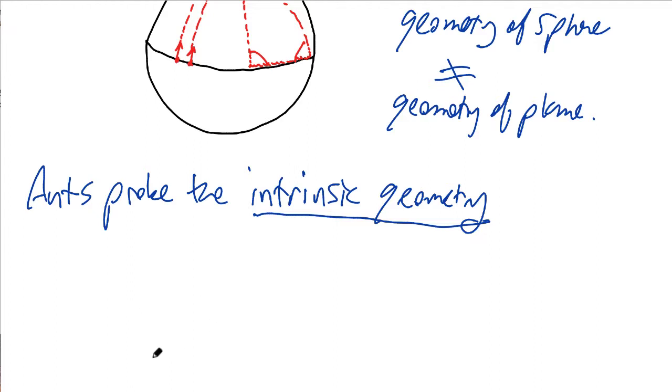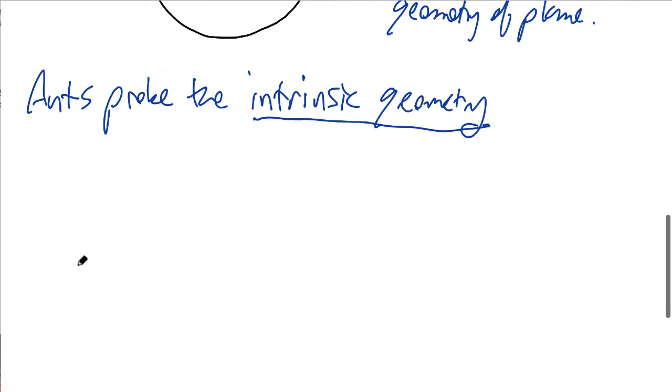So let me give you an example. We can take our piece of paper, which we know has a Euclidean geometry, and we can bend it so that it has a little hill.